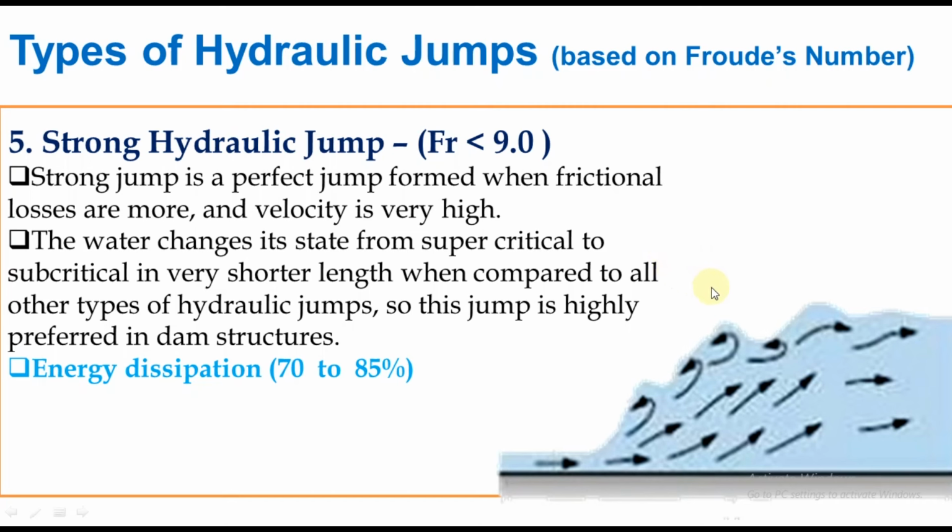In this case, the water changes from supercritical to subcritical over a very short length, and that's why this is much more effective than all other types of jump. The change in depth of flow takes place over a very short length, and there is a huge reverse flow, that is, an eddy forms in this type of jump. So a huge energy loss or energy dissipation can take place in this kind of jump, which ranges almost between 70 and 85%.